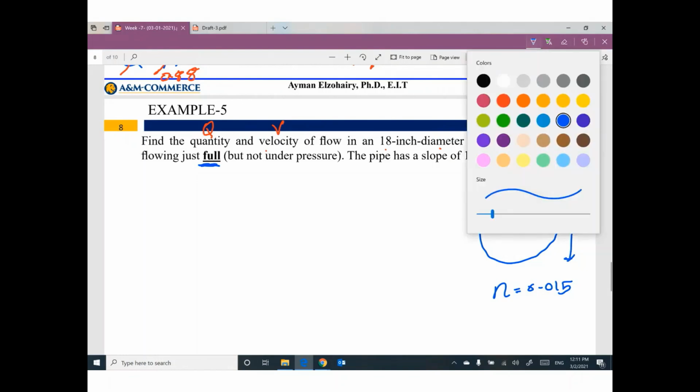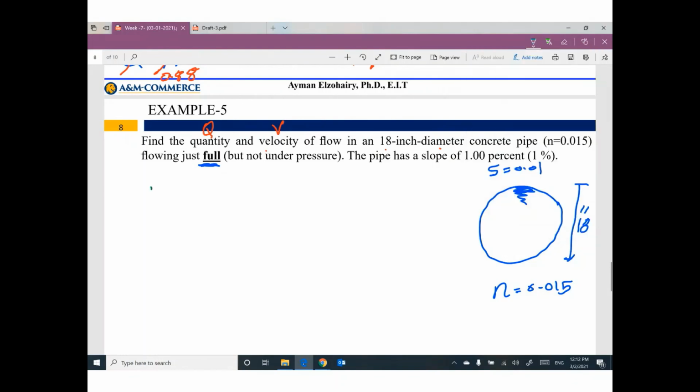So what do you think? Do you think we have a difference? Yeah, we have a big difference because area equal pi divide 4 times 1.5 square, which is 1.76. Perimeter equal pi times D, which is 4.71. And the hydraulic radius equal area divide P. I believe the hydraulic radius will be the same.